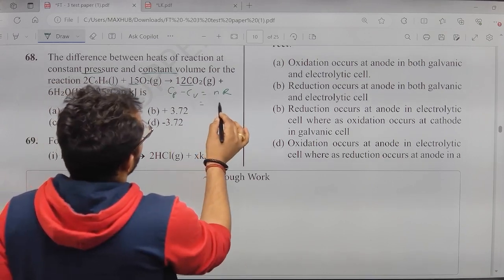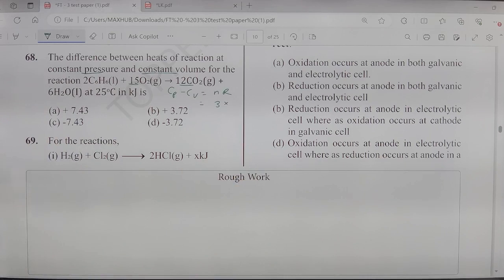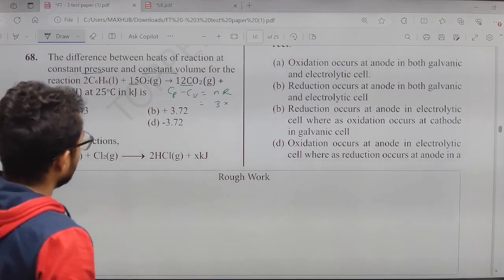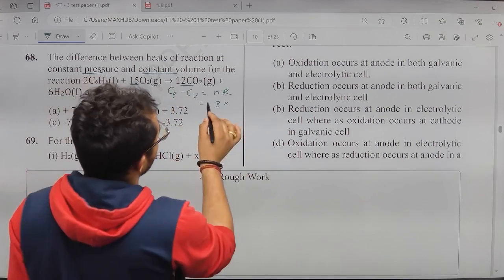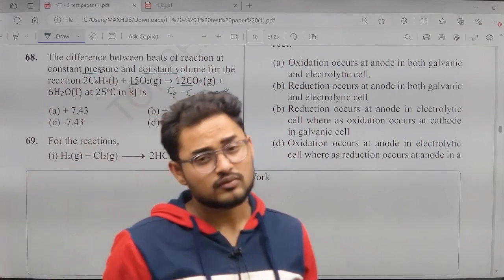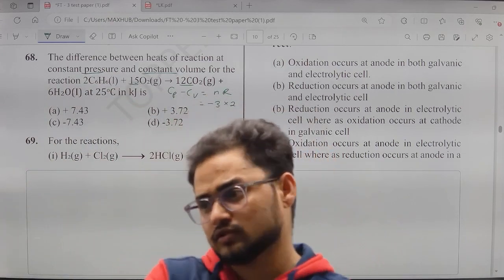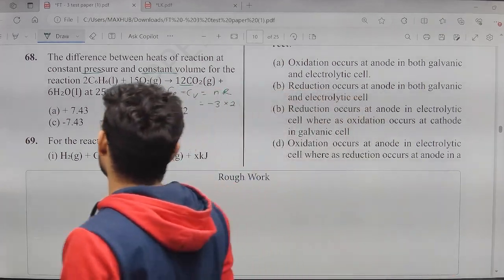If you see question number 68, so 3 into, it is 12 minus 15, so minus n moles is minus Δn into R. So R is the gas constant, that is 2 calories, or you can put that value.